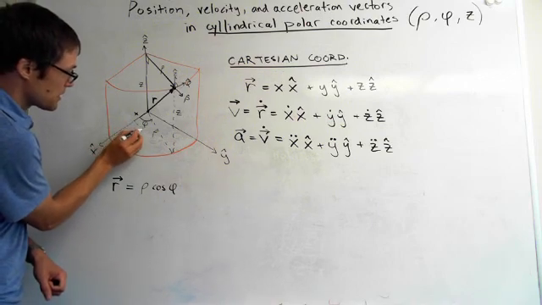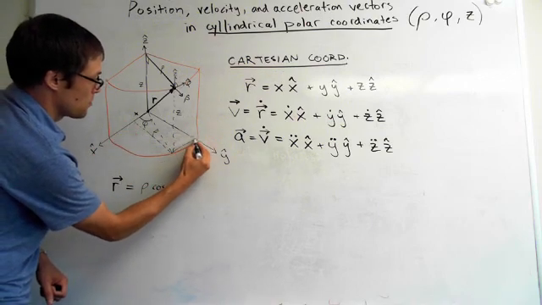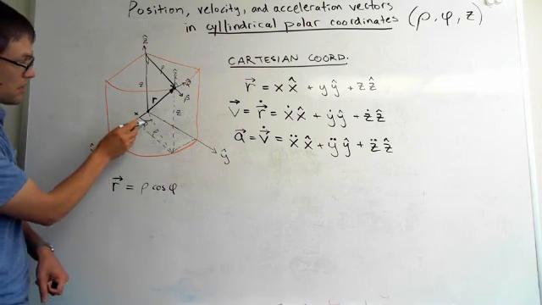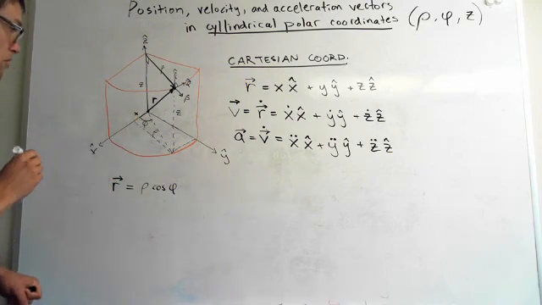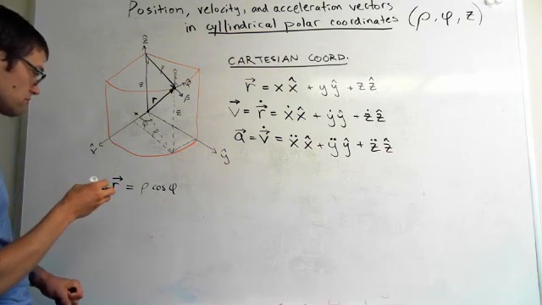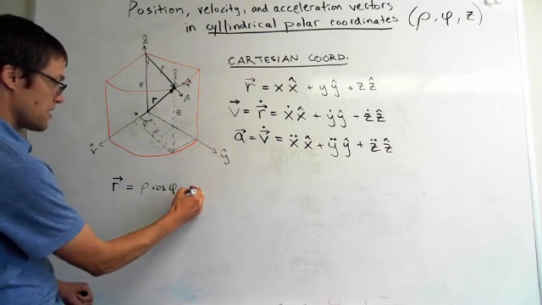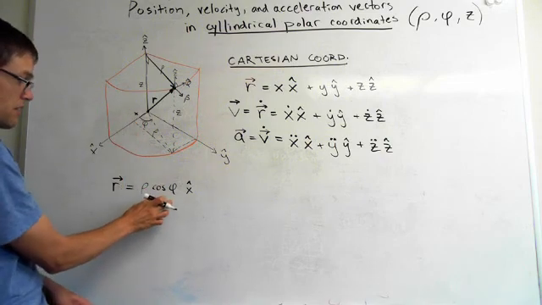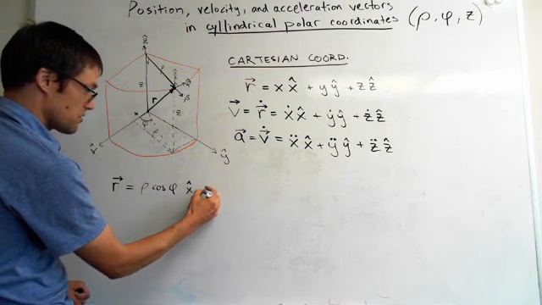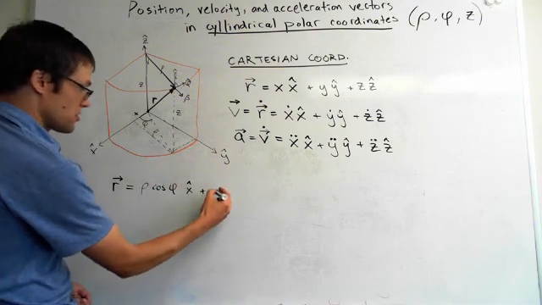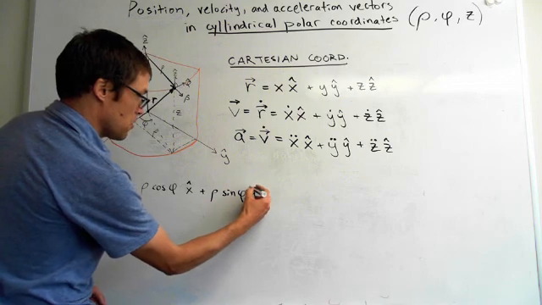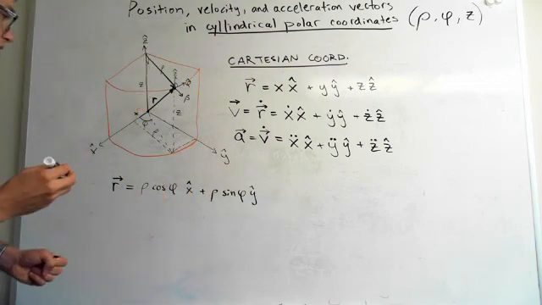You have to imagine again this rectangle in the xy plane. So cosine phi is equal to x over rho. Okay, and that's in the x hat direction. So I'm just rewriting the magnitude of the x component in terms of rho and phi. Now let's do the same thing for the y component. That's just rho sine phi in the y hat direction.